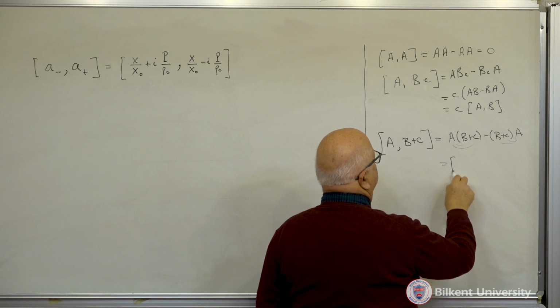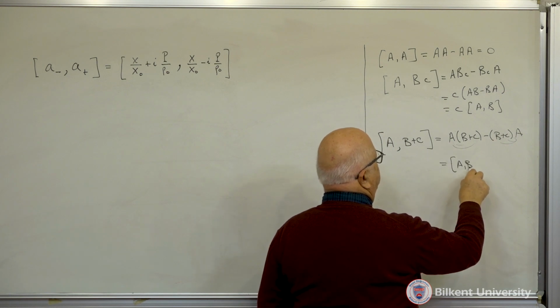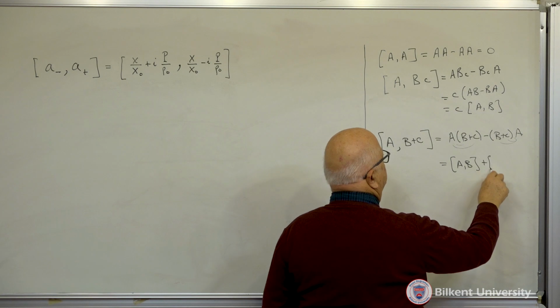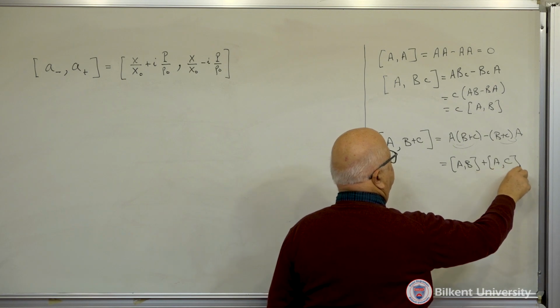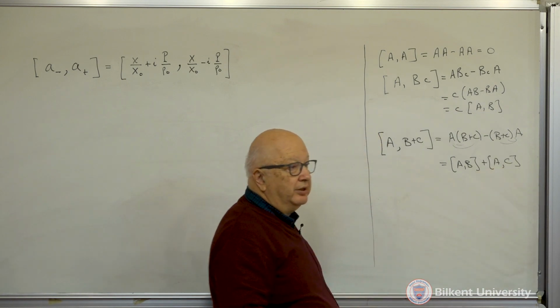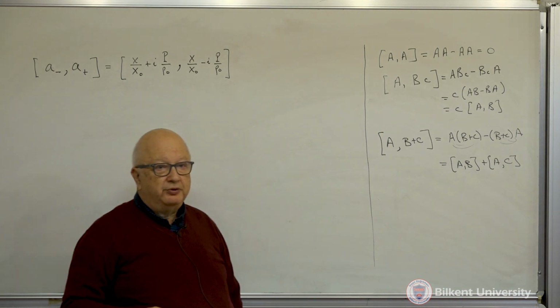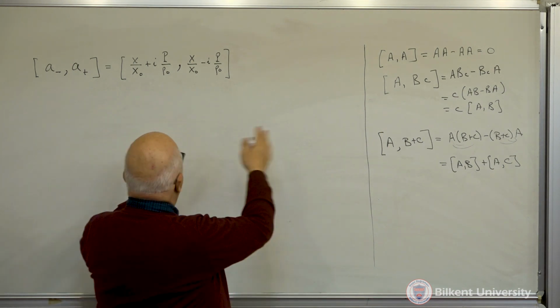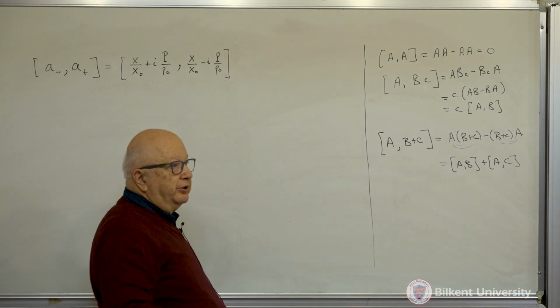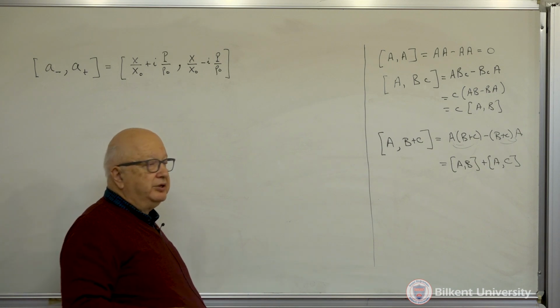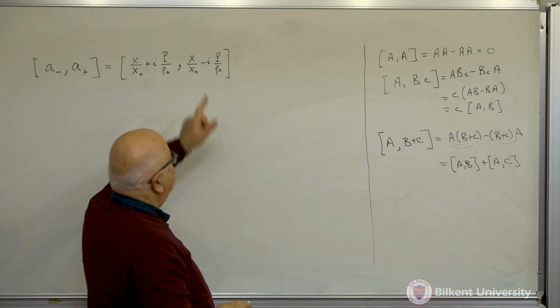So this is just A commutator with B plus A commutator with C. So you have this nice distributive property. Okay, so I can just split the commutator into pieces and look at these things term by term.